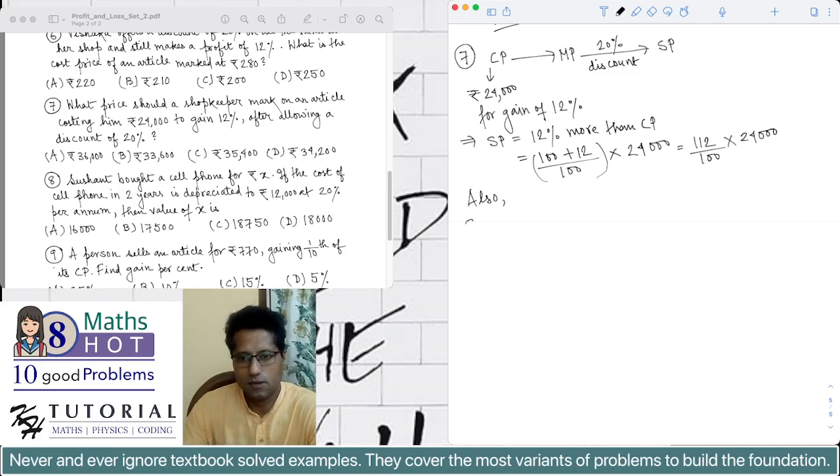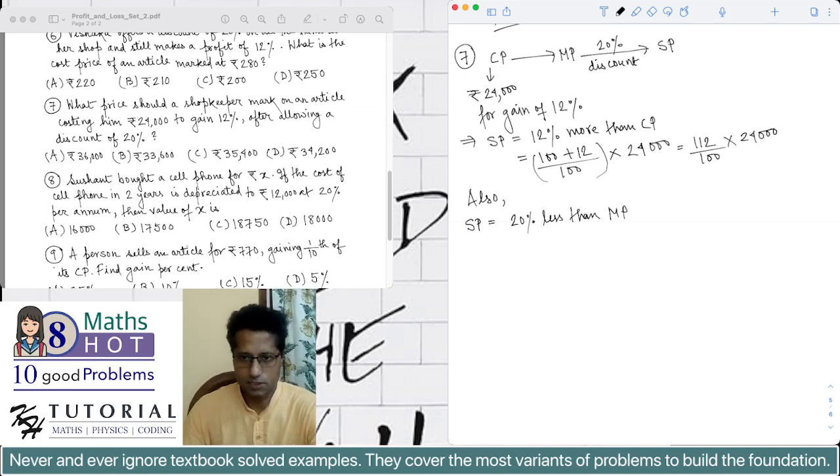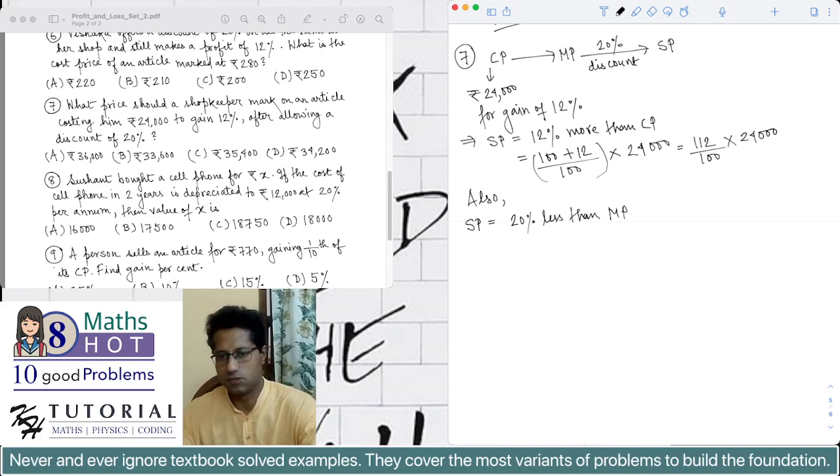We can say the selling price is 20% less than mark price. If it is difficult to understand why, when there is a discount, the selling price is equal to mark price minus the total discount.